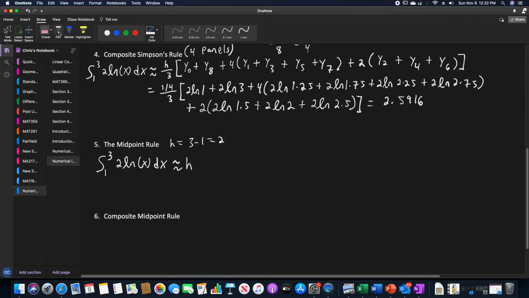W is the midpoint. We need the evaluation of the function at that midpoint. I'm just going to call that w for this. Yep, that works.